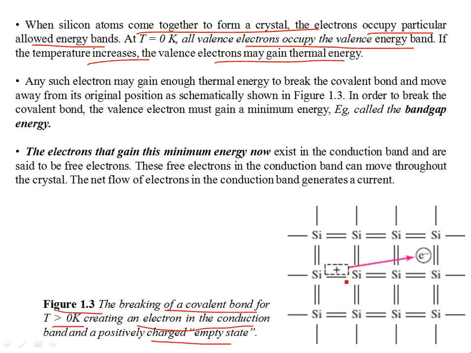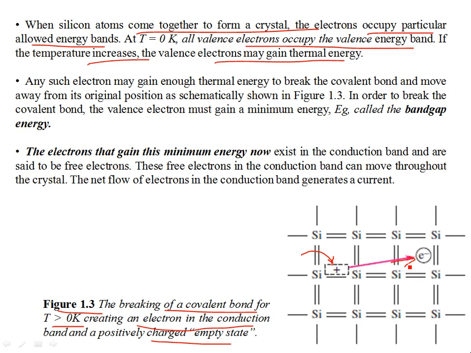If the electron jumps, it leaves its space, so there you're going to have a positive charge, because there's electron deficiency in this space. This electron gets enough energy, breaks from the valence band and goes into the conduction band, where it starts conducting.